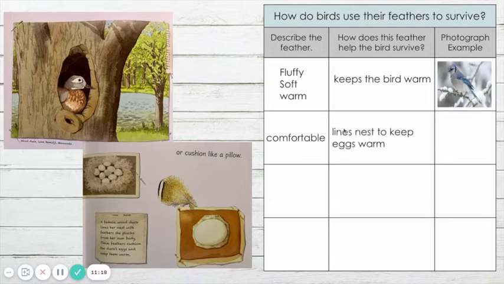That's right. This feather lines the nest to keep the eggs warm. We can see it in this photograph or this picture on our text. Let's put a wood duck real photograph as our example. Good job. Let's look at our next one.